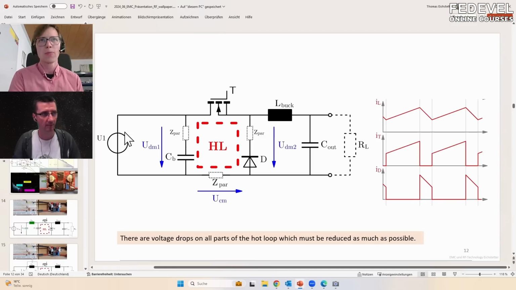Then you have a current over the source itself, going over the plus, over the source, and then back over the minus. And then it can interfere with other devices, which also require a very quiet supply.